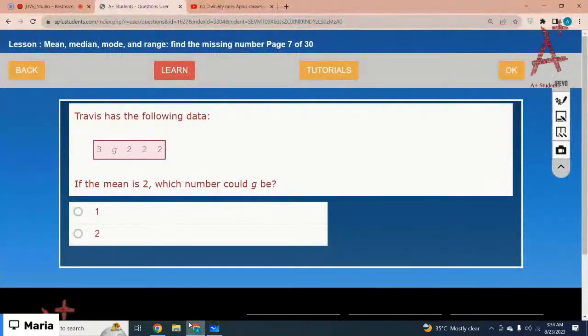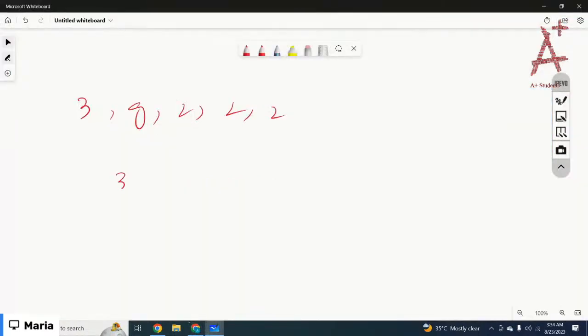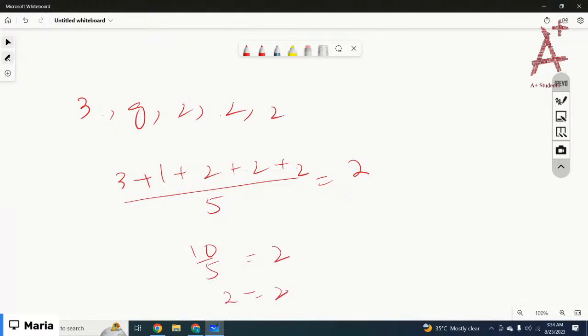For example, G is 1. 3 plus 1 plus 2 plus 2 plus 2 is 10. 10 divided by 5, and yes, 10 over 5 equals 2. That means G equals 1.